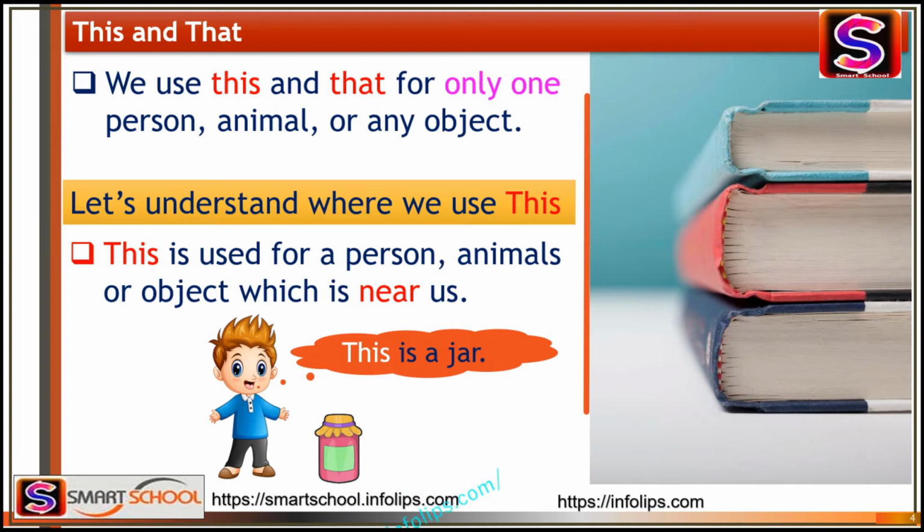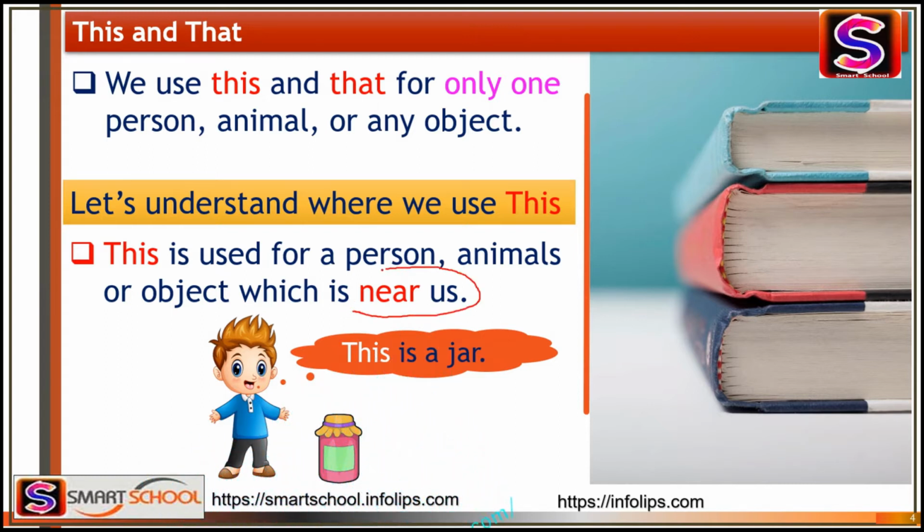Whenever we use this and that, it is related to only one person. Okay, so let's understand where we use this. This is used for a person, animal, or object which is near to us.